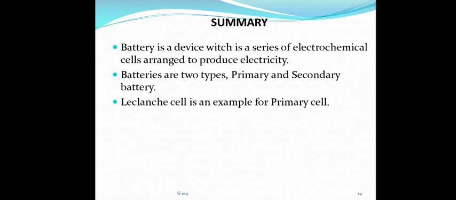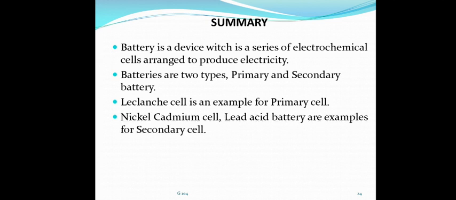So what is the example for primary battery? Leclanche cell, a dry cell which we use in our daily life, in transistors, radios, clocks, torch lights, etc. And what is the example for secondary cell? Lead acid cell or nickel cadmium cell.